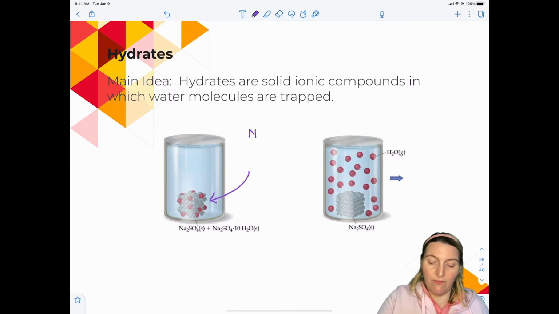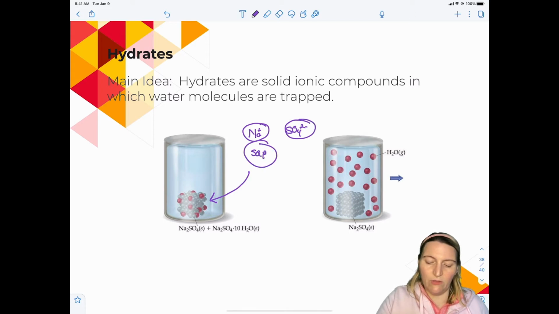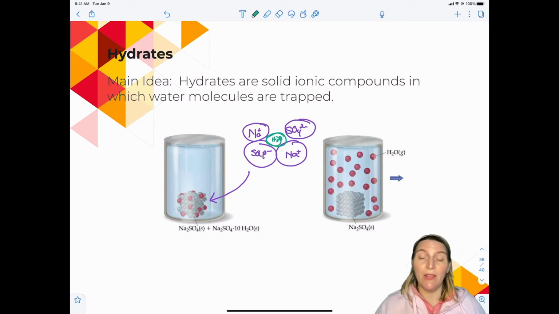So, if you think of this ionic compound, here would be Na, here would be the SO4 2- polyatomic ion, and then here would be another SO4 2-. Here would be maybe an Na, and then inside this area right in here, maybe there's some water molecules hiding out. And it could be 2 or 3 or 4.